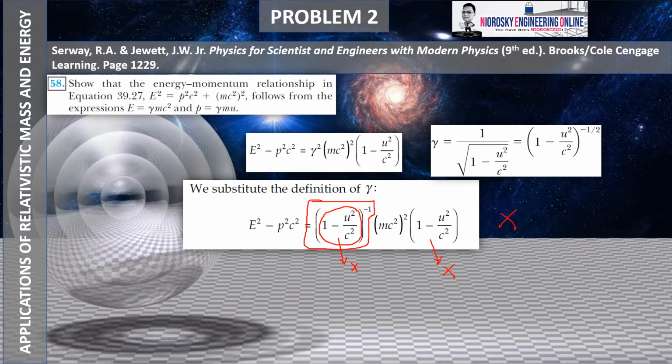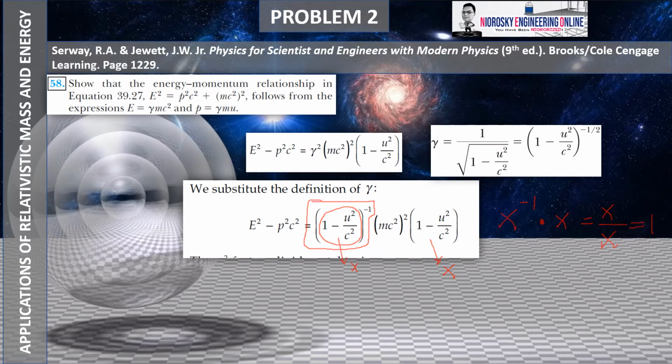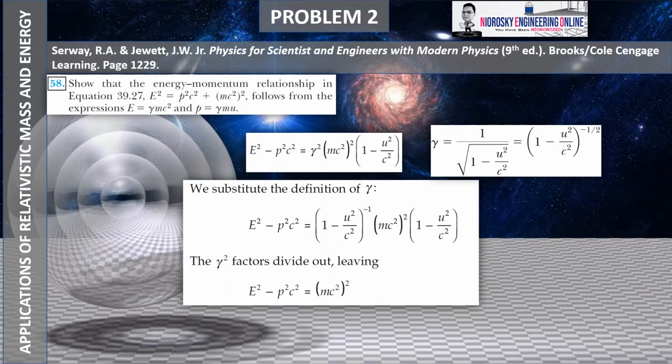So, x raised to negative 1 times x is just simply x over x, which equals 1. So, that would cancel out both expressions. All in all, that would have become E squared minus p squared c squared equal to (mc squared) raised to 2. Now, is that your final answer?